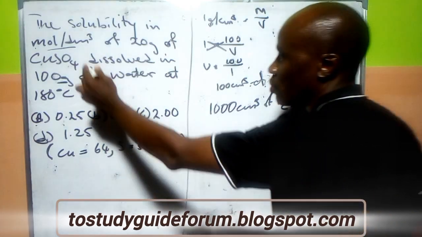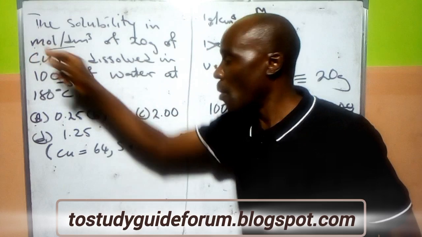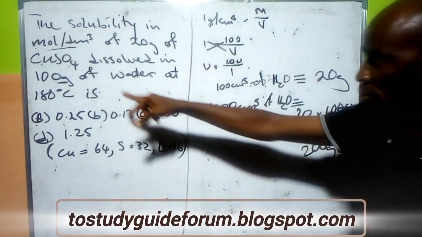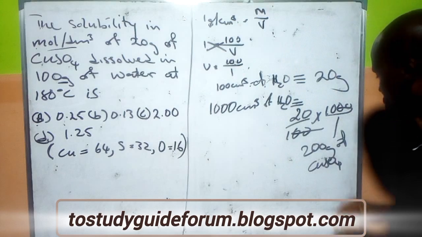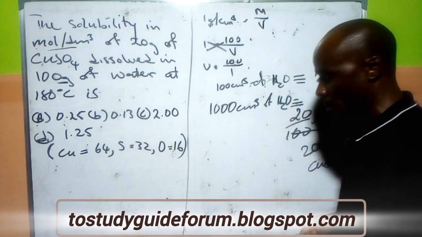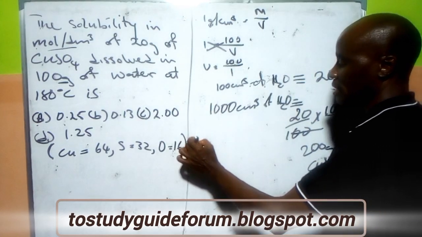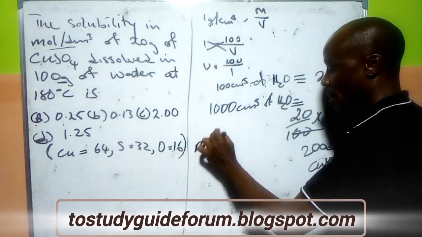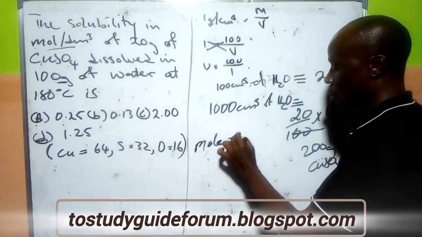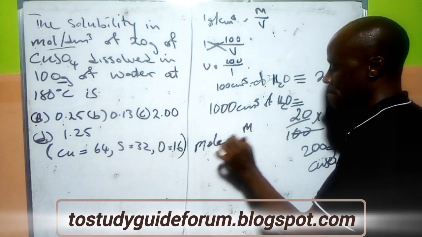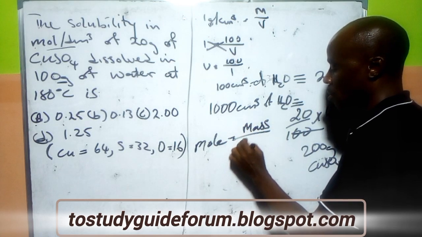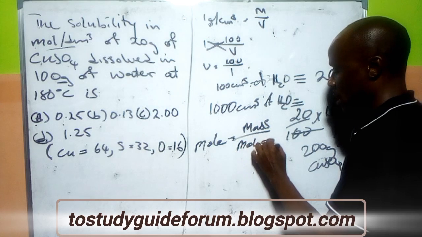The question says we should get it in mole per dm cube. Always note the unit you are asked for. From the unit, you know that it's mole. So getting it in moles means we need the amount, which is equal to mass over molar mass.